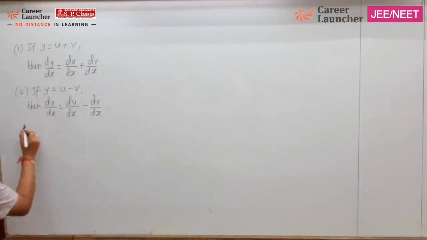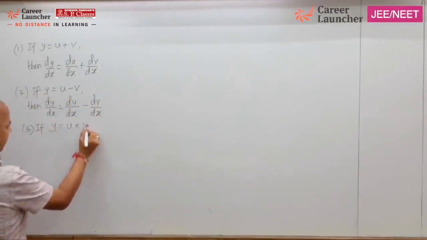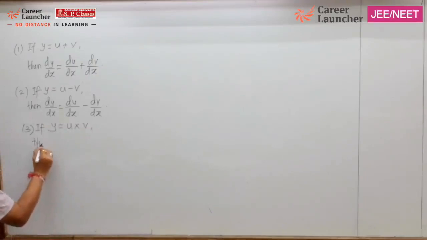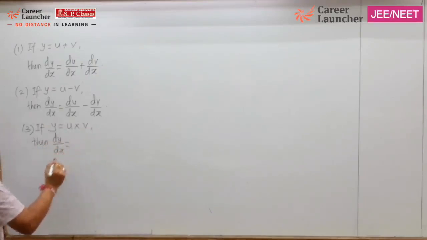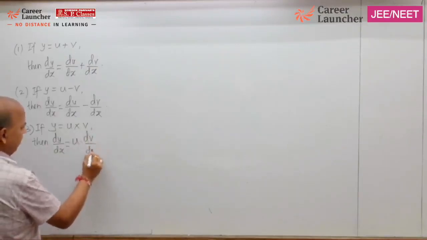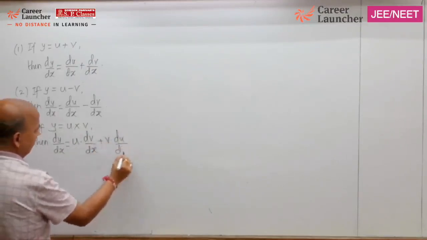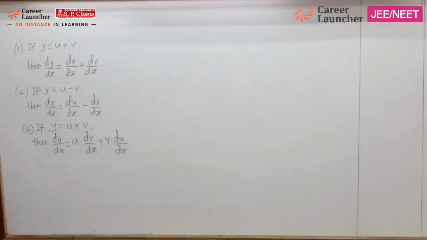Rule number 3, which is famous under the name product rule. If y is equal to u into v, then dy by dx is equal to u into dv by dx plus v into du by dx.